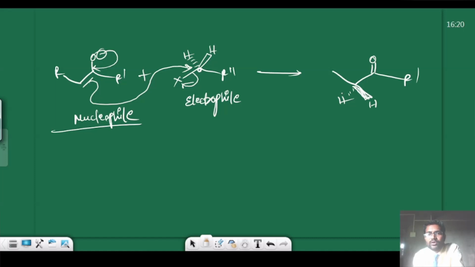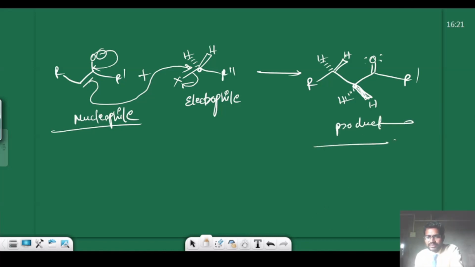Now this is our alkyl group, and this carbon has these two hydrogens. This is our substituted product, our final product.